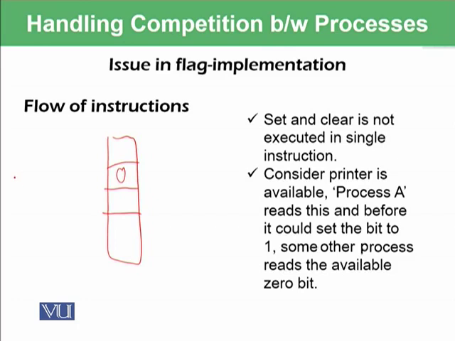So process A is here. I am noting it with PA, process A, that reads this information. You know that when process A wants to read this information from the main memory, the procedure has 3 steps. One is the retrieval.